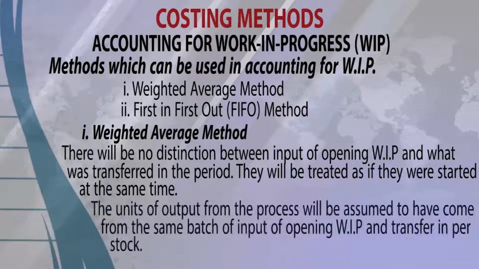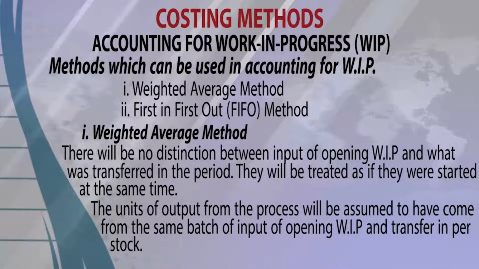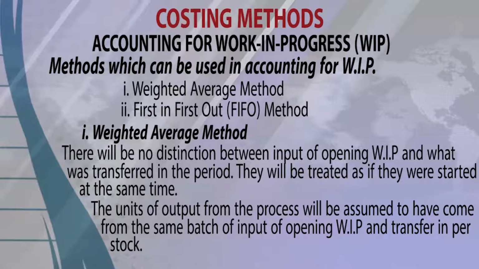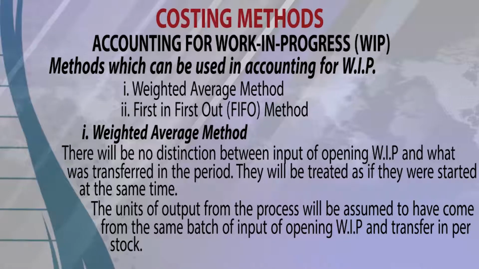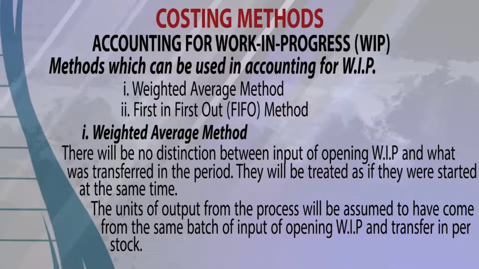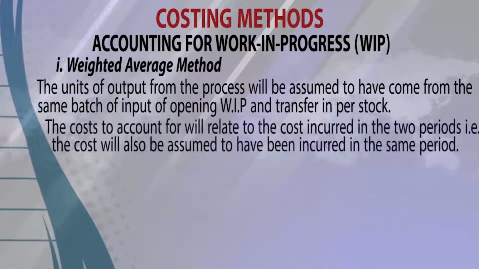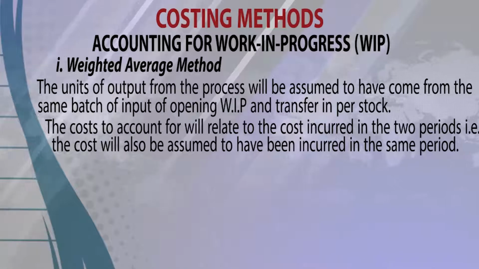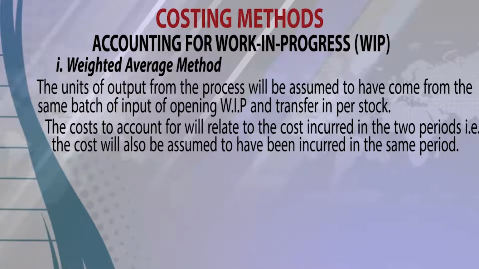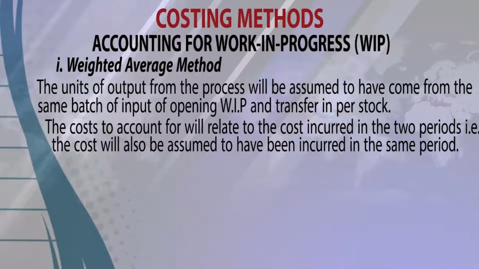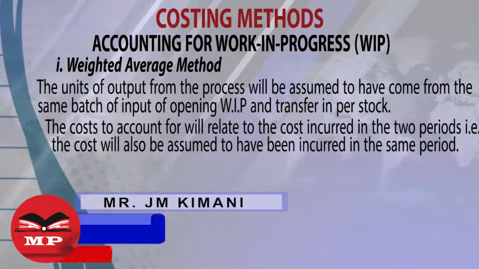The units of output from the process will be assumed to have come from the same batch of input of opening work in progress and transfer in stock. The cost to account for will relate to the cost incurred in the two periods. That is, the cost will also be assumed to have been incurred in the same period.